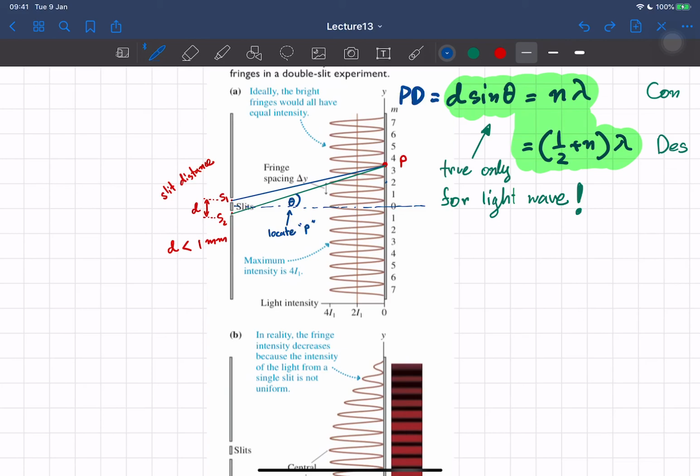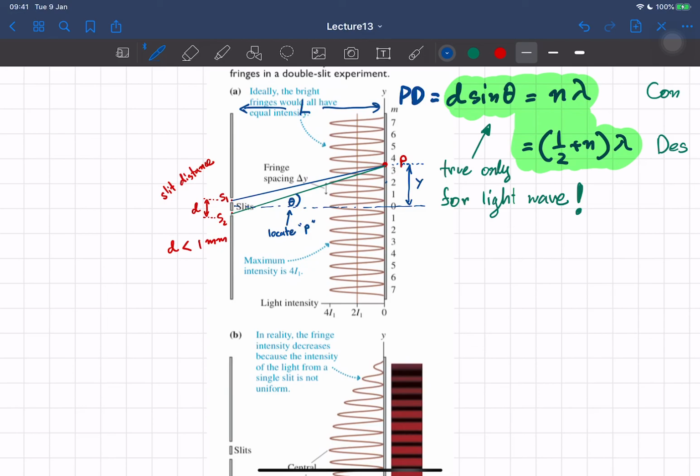So let's introduce two more parameters. One is the y distance, which is the distance of point P to the center line. And we can also introduce the distance from the screen to the double slit, L.